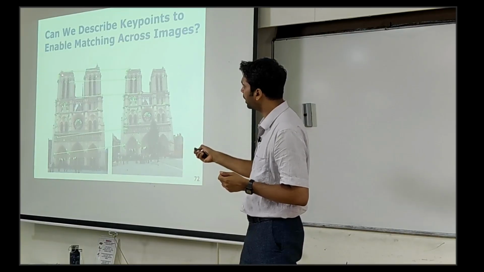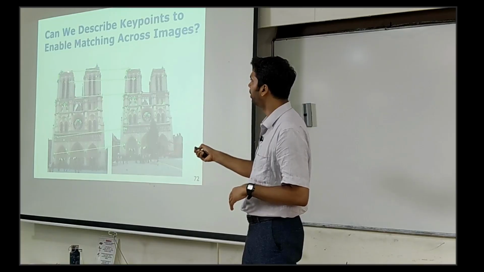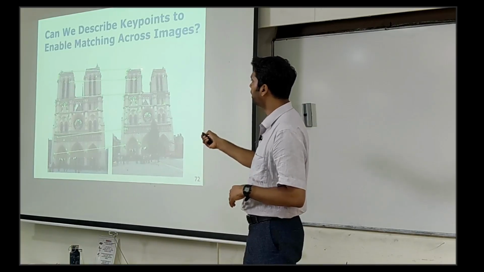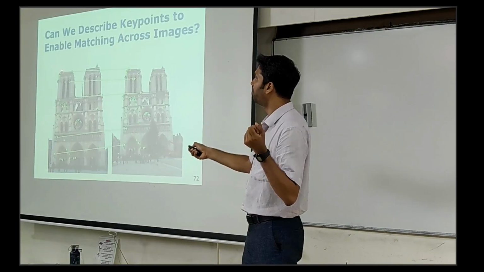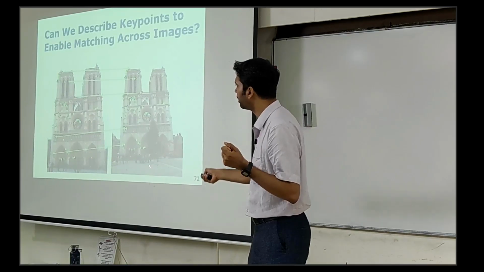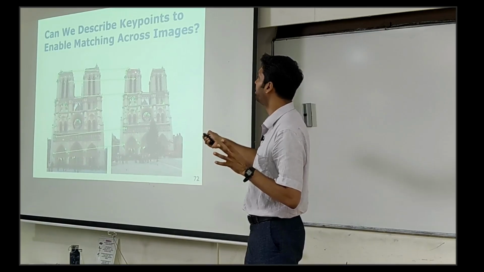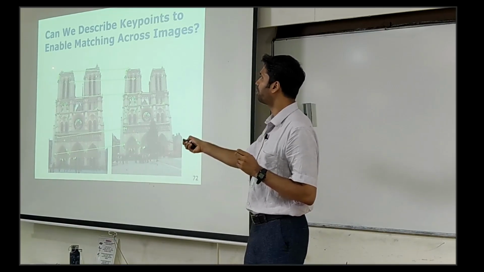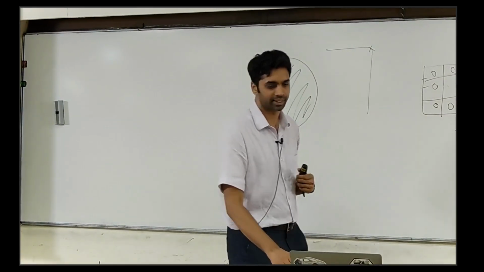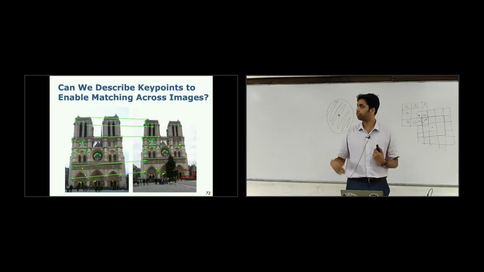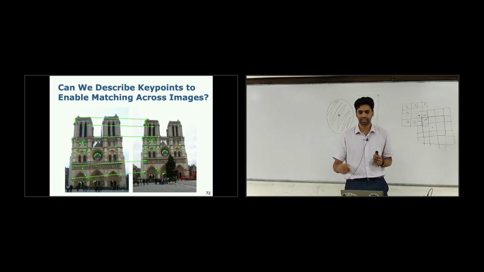So you'll take one key point here. It'll have some descriptor, let's say a 128-bit descriptor. On this other image, let's say you have 100 other key points. You will compare this descriptor with 100 other descriptors and say descriptor number, whatever, 37 has the best match with my current descriptor. That's the reason you want the descriptor to even exist. And once you find a few of those matches, you can then do other image processing tasks like 3D reconstruction and so on.